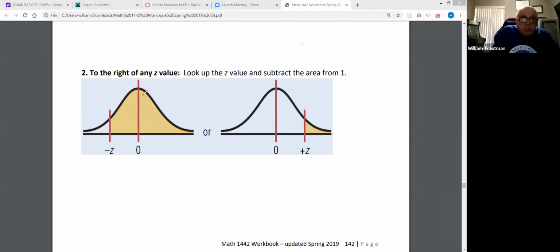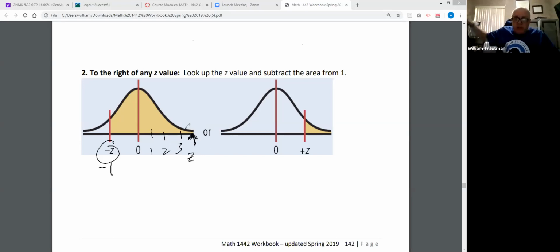I do want you to know, if this is a z, let's call this a z of -1. It's shaded in way over here. What do we call that z? We know there's a z of 1, maybe a z of 2, maybe a z of 3. What's way over here? Keep on going to the right.